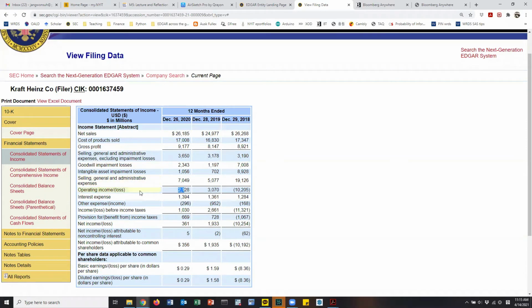Then you have operating income. You take out interest expense. You have other expense, interest and other expenses and the like. Then you have provisions for income tax, meaning income before income tax, and then you have net income, right?